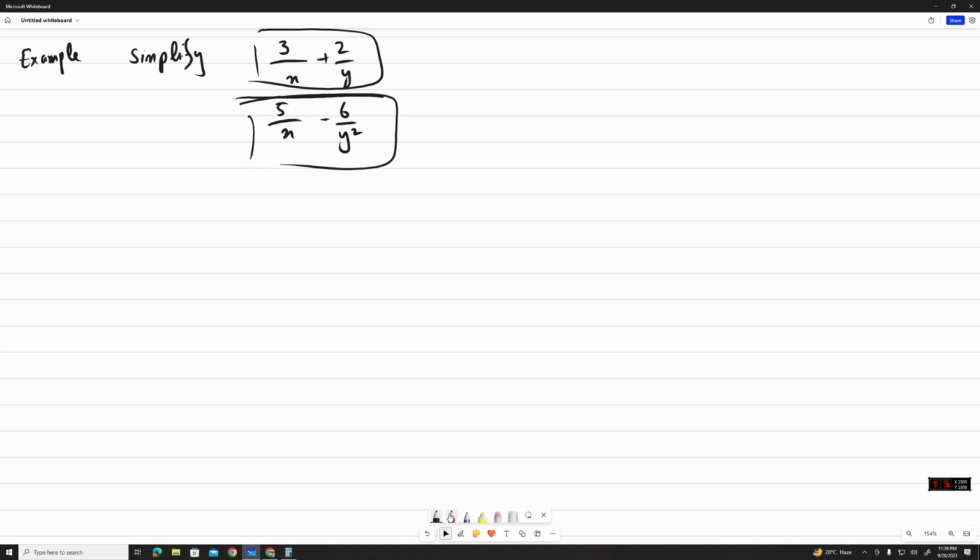Okay, so moving on to the first one, 2 over x plus 3 over y. I made a mistake. It's corrected now. What's the LCM? Like I said, it's going to be xy. It's going to be 3y plus 2x, right?